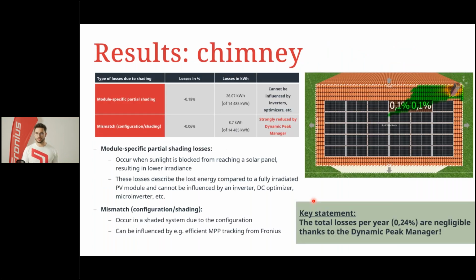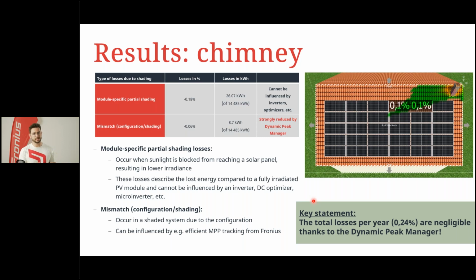Now, the results for the chimney simulation basically show us that there are 2 things happening. We have module-specific partial shading, which is basically a description for we are not getting the full irradiation on the whole module, of course, because there is some kind of shading on it.